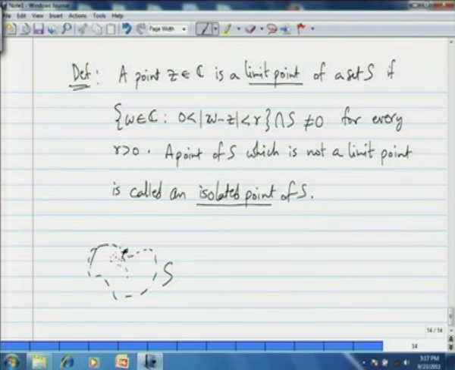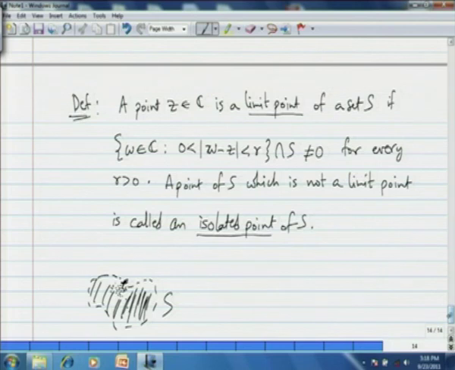This set S is what is contained inside this kind of curve that I have drawn. There are points inside the set which are coming closer and closer to this cross mark point. Such a point is called a limit point, intuitively.